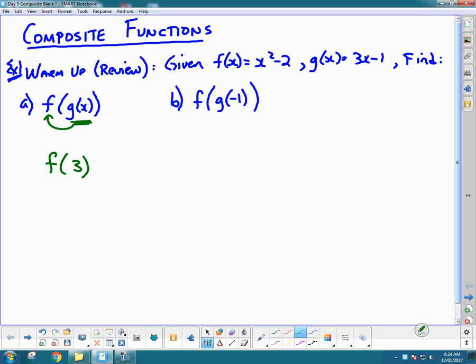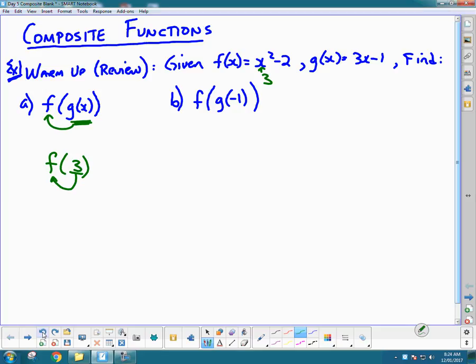And f at 3, you would take 3 and plug it into the f function. So you would take 3 and plug it right into there and find out what that is. When you're doing a composite function, though, you're not plugging a number in, you're plugging in another function. And that's how it's a little different.